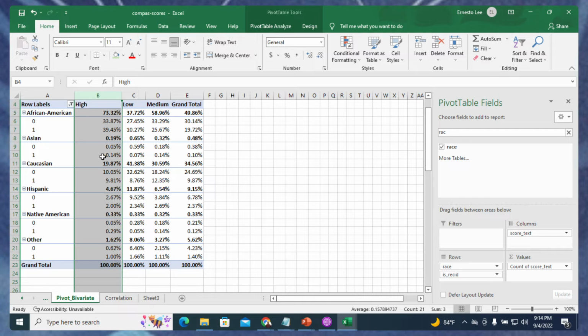And for all of the highs, 73% of all highs, if the algorithm is predicting that it's a high, then 73% of the time it's going to be predicting an African American, 19.87% Caucasian, Hispanic, etc. If the algorithm predicts low, then 41.38% of the time it's going to be Caucasian, 37.72% African American, Hispanic, etc.